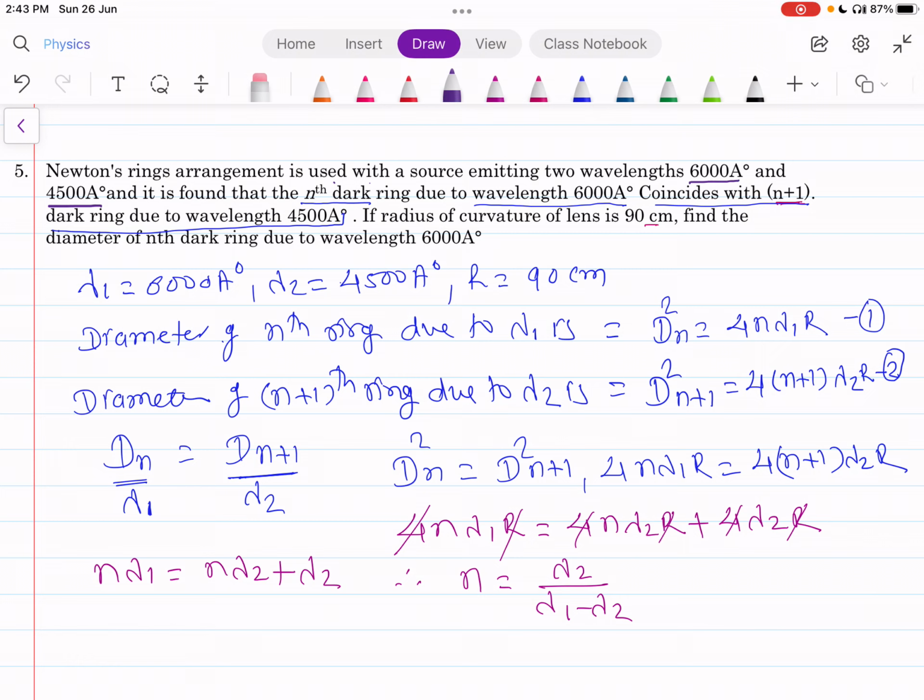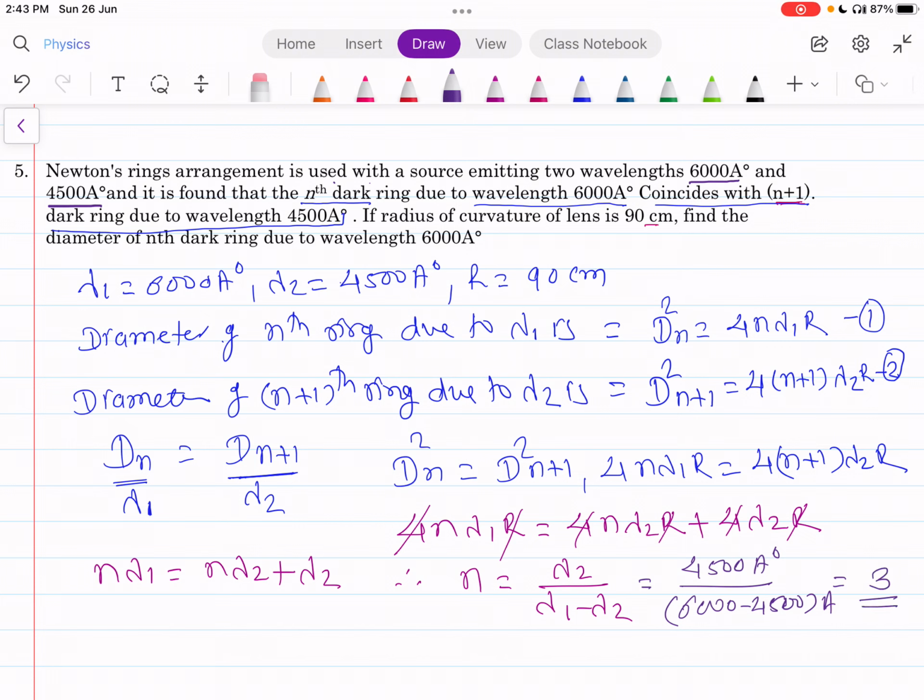Let us substitute the values of lambda 1 and lambda 2. Lambda 2 is 4500 angstrom divided by 6000 minus 4500 angstrom, and that is equal to 3.